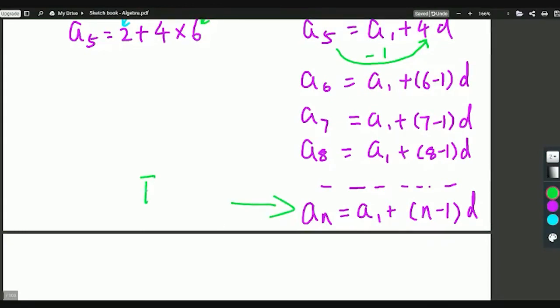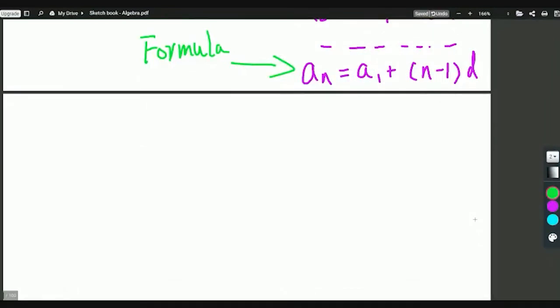This is our formula. So if we have a similar sequence, as long as we know the first term and we know the common difference, we can instantly get the formula.